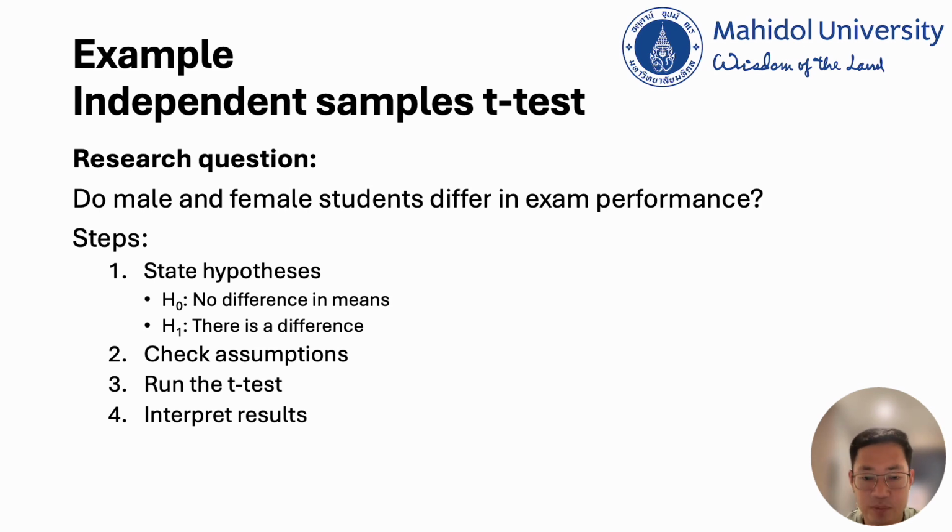Then we check assumptions: normality, equal variances, and independence. After that, we run the t-test. If the p-value is less than 0.05, we reject the null hypothesis and conclude there is a statistically significant difference in exam performance between the two groups.